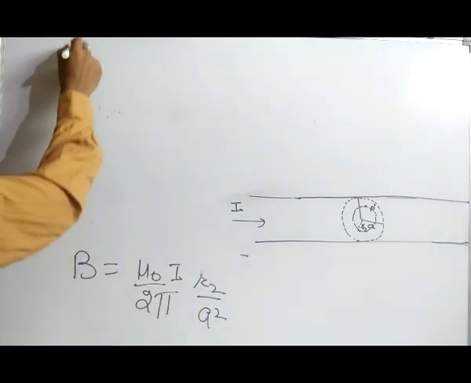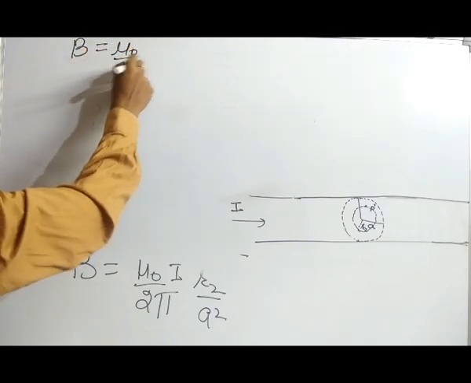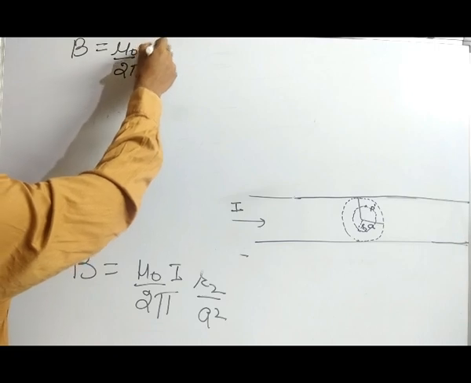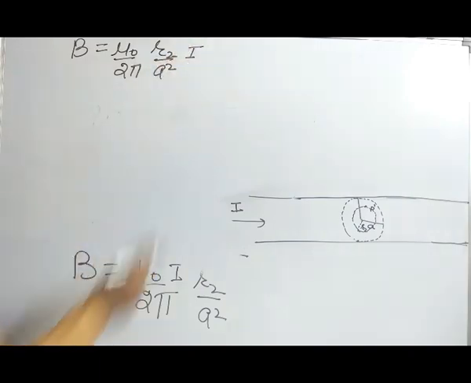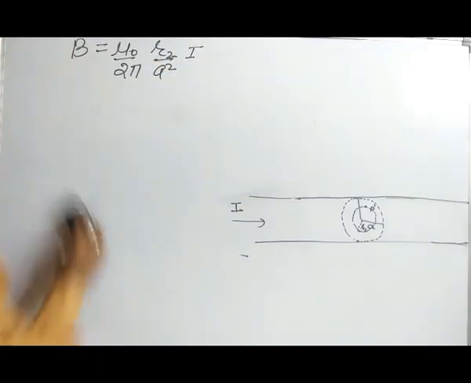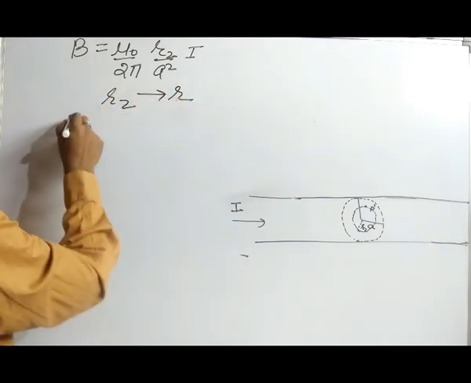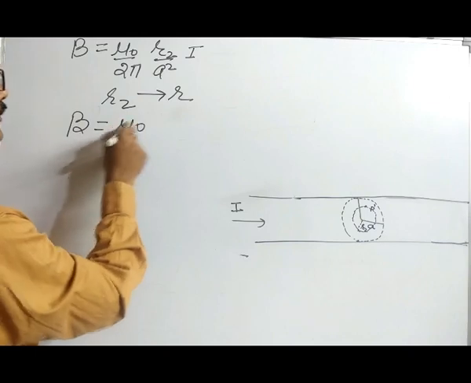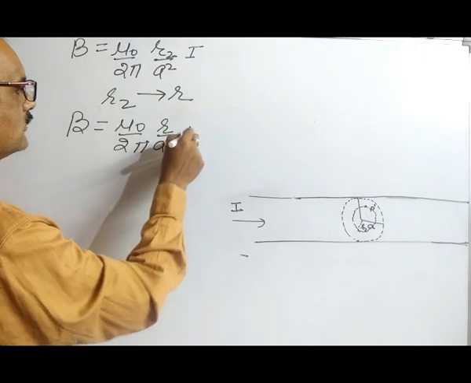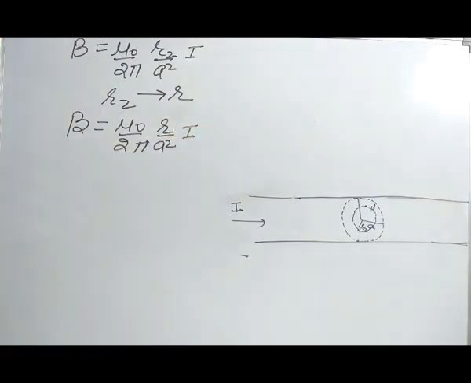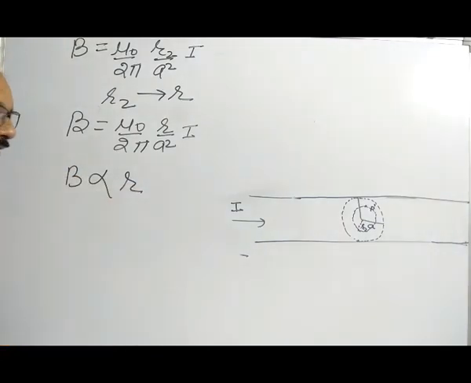That is, final result is B equal to mu naught upon 2 pi, r2 by a square into I. If you are replacing r2 by r, then B equal to mu naught upon 2 pi, r by a square into I. That is, B is directly proportional to r.